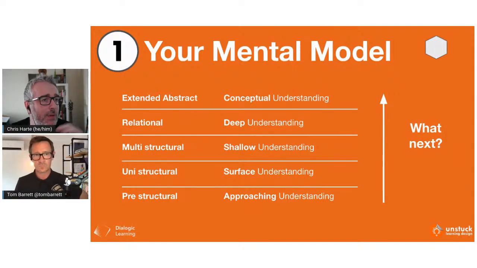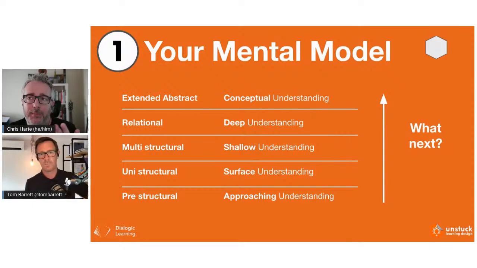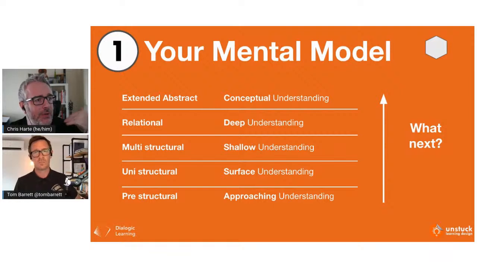But the most powerful application of this mental model that I've seen is in video of some students using it, and some students talking about what should I be doing next if this is where I think I'm at right now. And that for me is where that agency comes in.